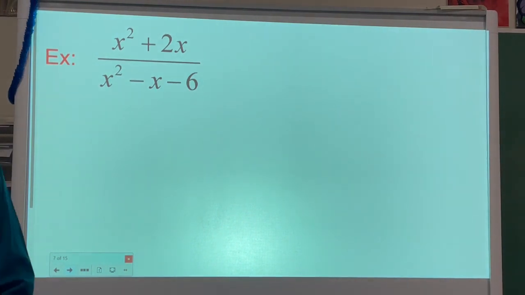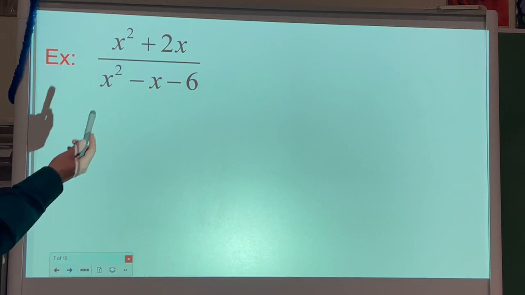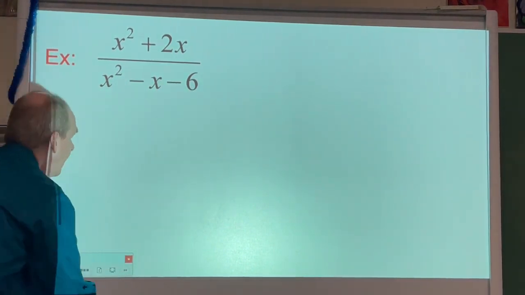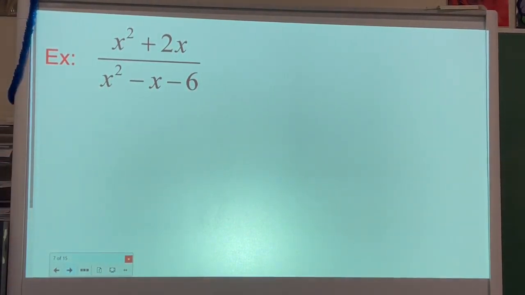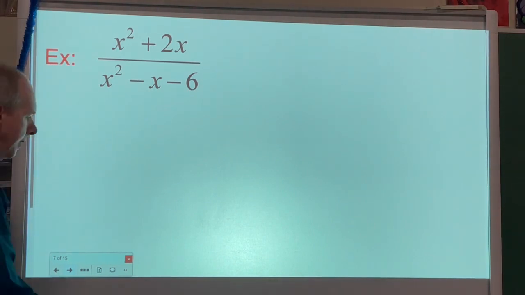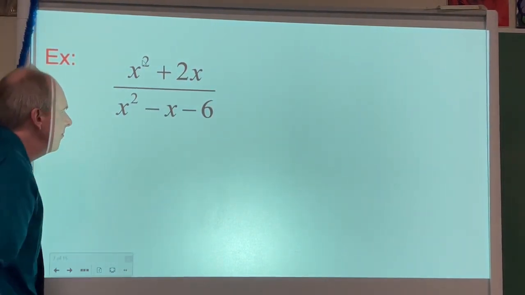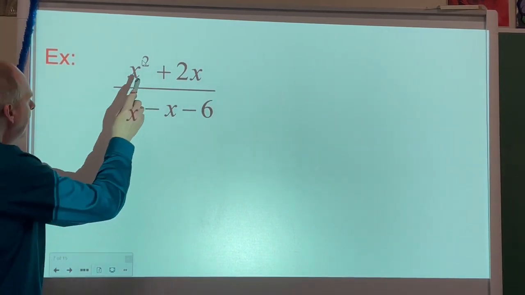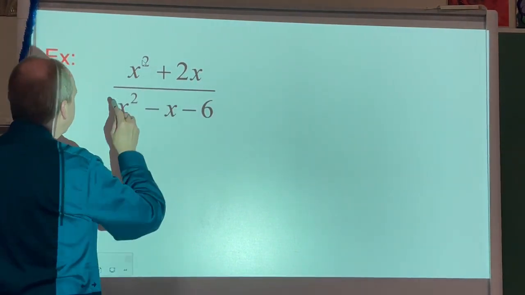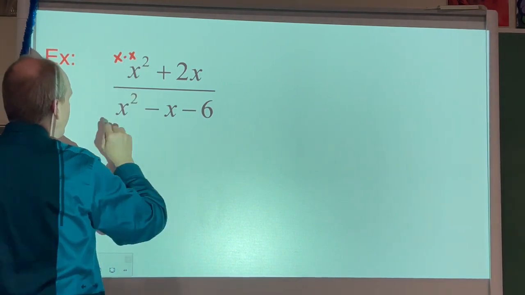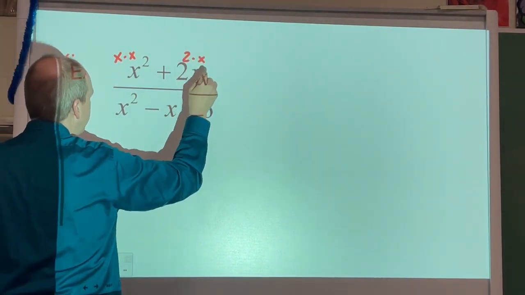Next one. Oh my goodness, the factoring is getting tougher. This is why we've been practicing some factoring. Let's see what the top has in common, and let's see if we can figure out the bottom. Alright, I'm going to cheat a little bit, leave some room here. Thinking about x squared. Well, x squared is x times x, and 2x is 2 times x.